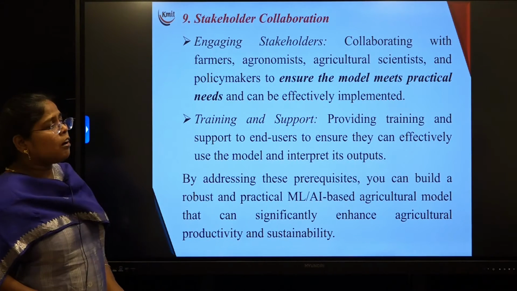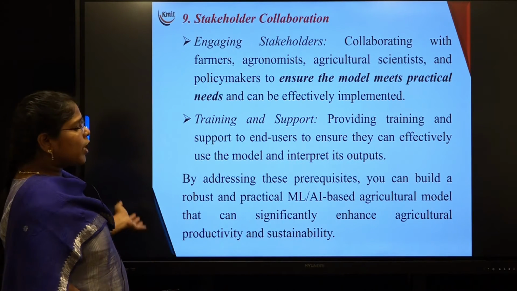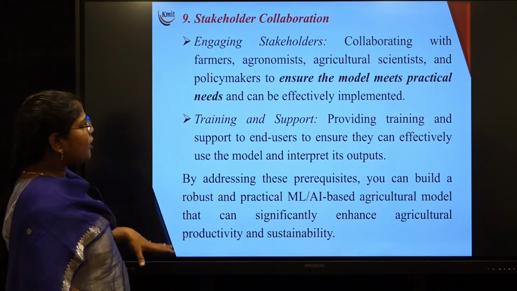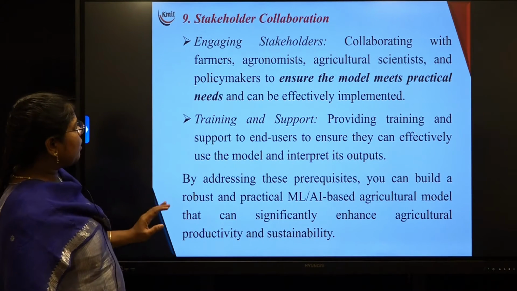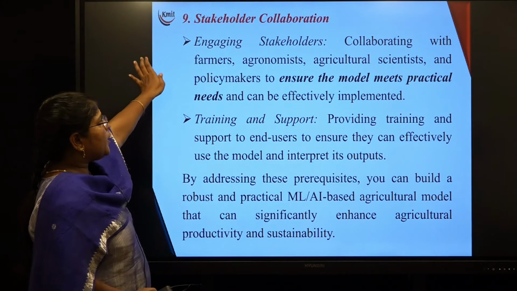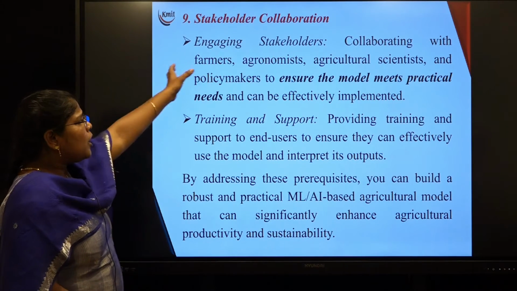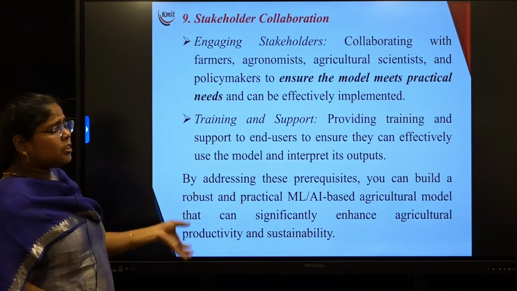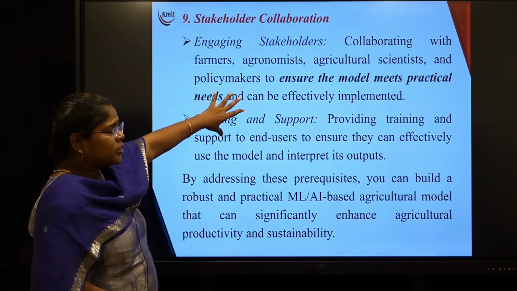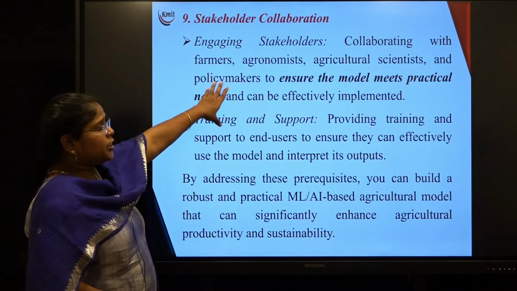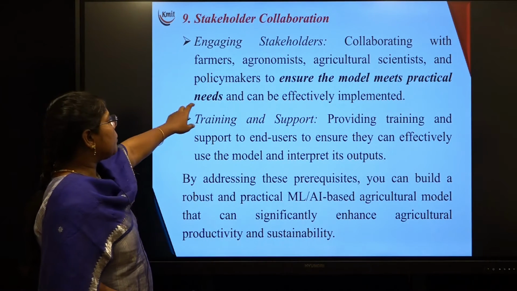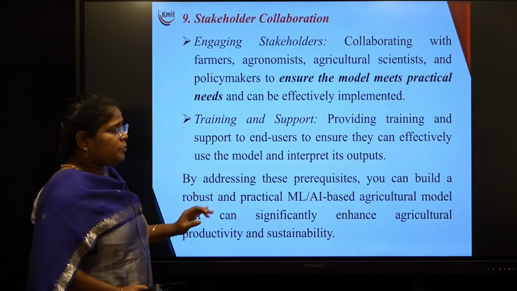Next, coming to stakeholder collaboration. Once we have developed and integrated all the AI models, created a data privacy system, and made it ethically correct, we try to engage with the stakeholders, collaborating with the farmers. Once the AI model is developed, we collaborate with the farmers or agriculture scientists, and we create a policy to ensure the model meets practical needs and can be effectively implemented.